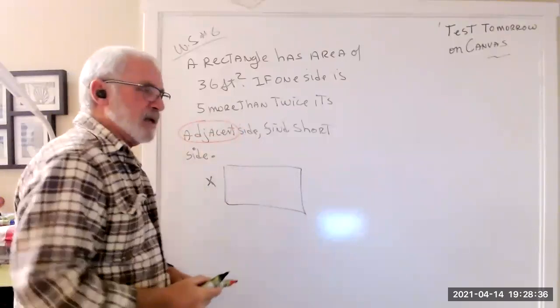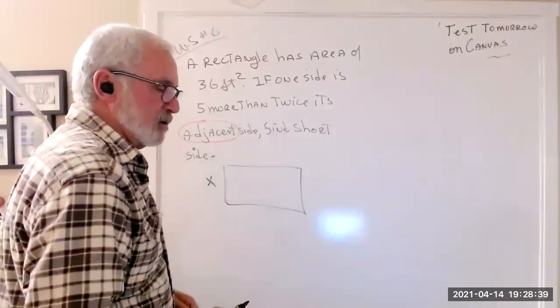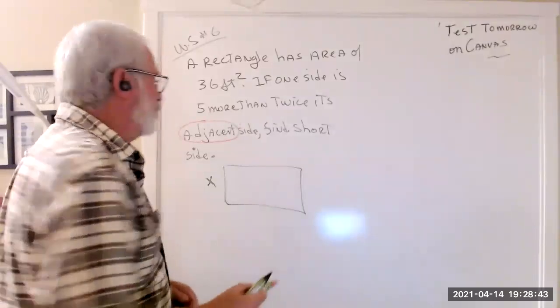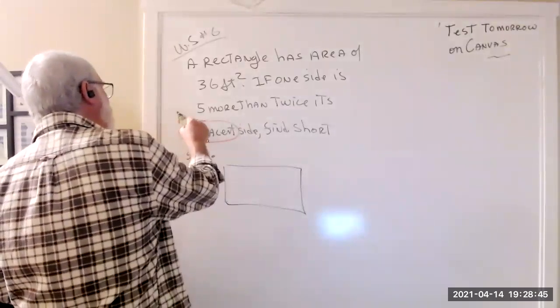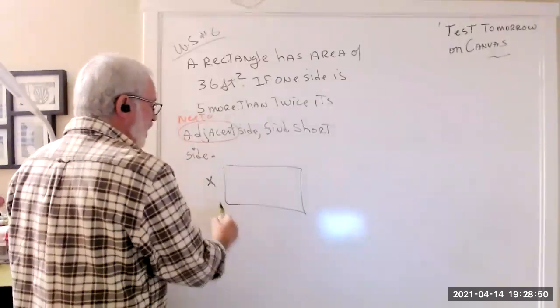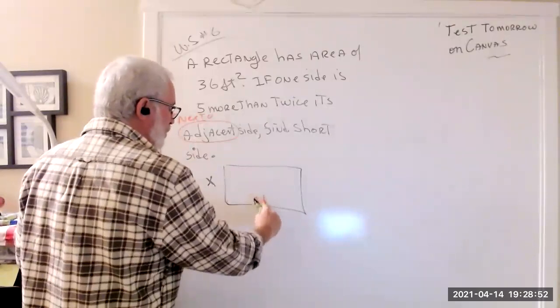What does it mean to be adjacent to something? The perpendicular next side? No, next to. Adjacent means next to. So if this is one side, this is its adjacent side.